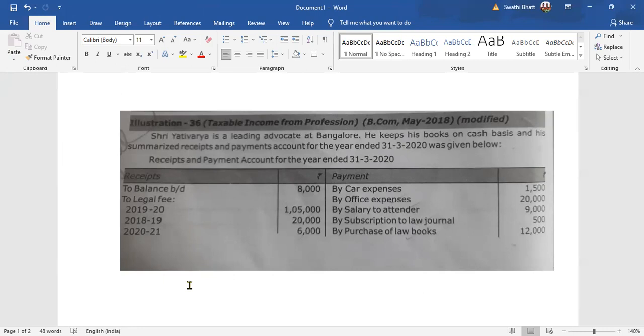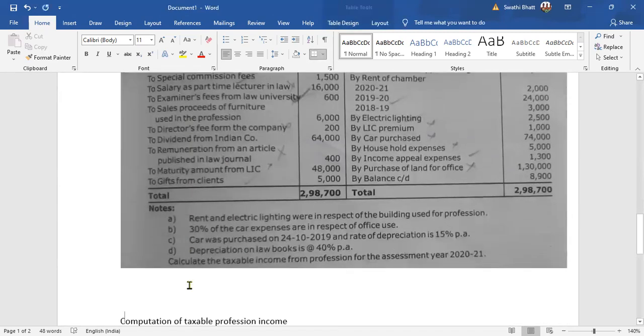The lawyers, the chartered accountants, the doctors will have their own professional journals and magazines. Everything related to their profession will be written, articles or information will be provided there. So these are journals or magazines which are published every now and then. So you subscribe to those law journals. It is related to the profession. So those expenses can be deducted.